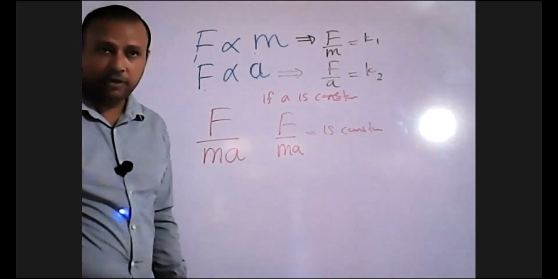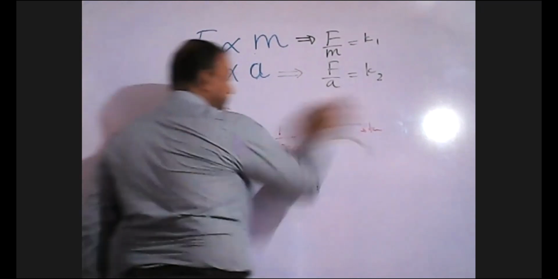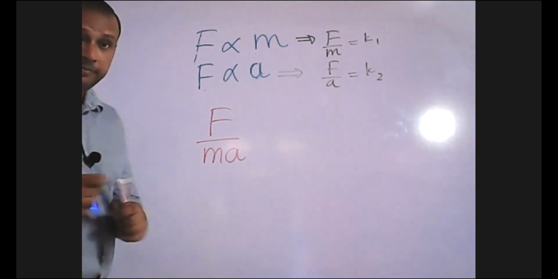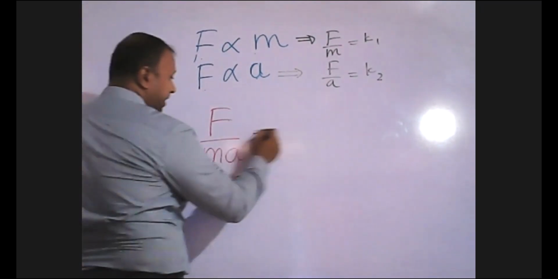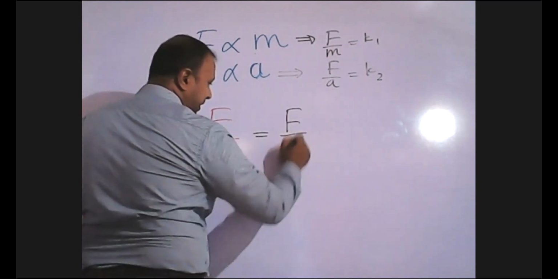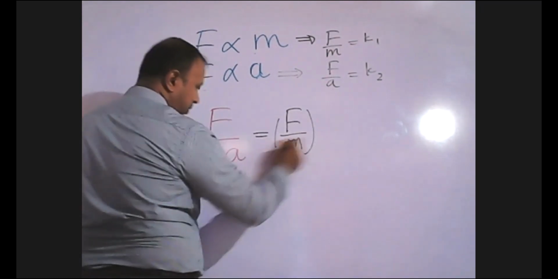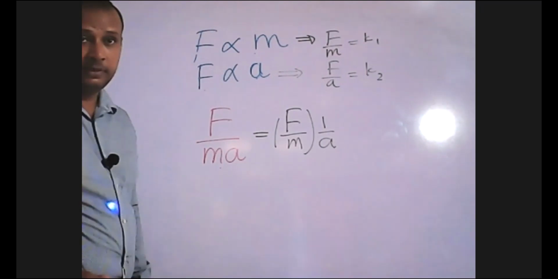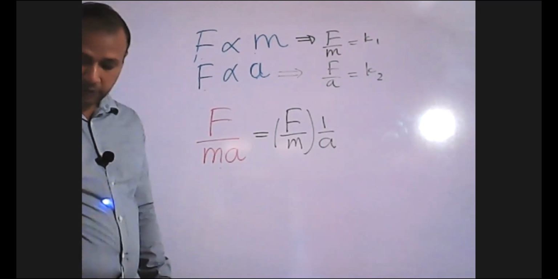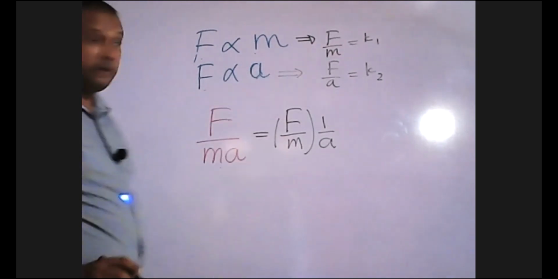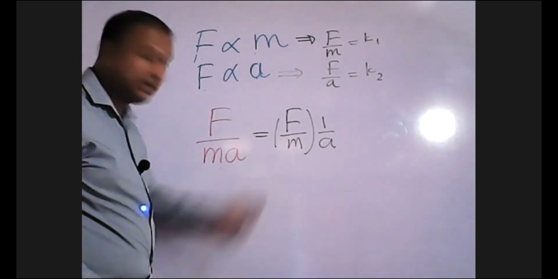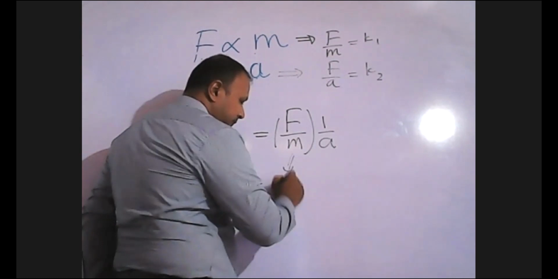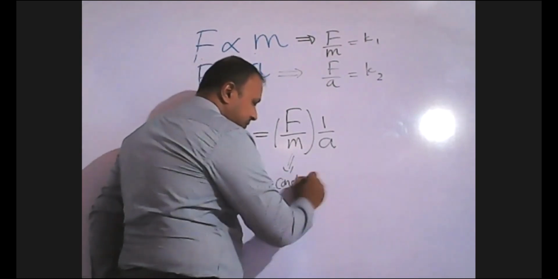Did you understand? Say yes. Look, F over MA, I can write this as F over M into 1 over A. According to the previous relationship, F over M is a constant.